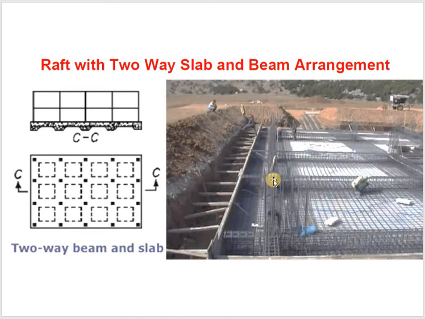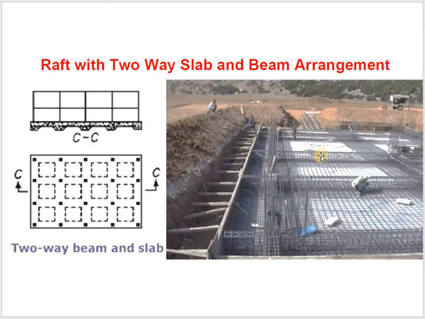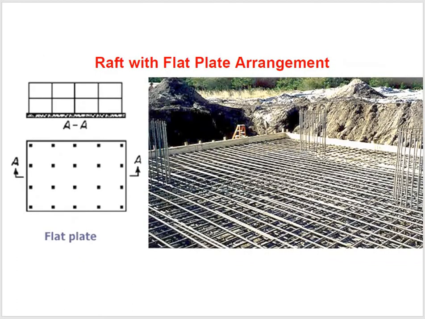You can see here the beams connecting the columns, and another case is a flat slab. You can see there is no beam between the columns. On top of that you have the pedestal, and this is a ribbed beam along with the slab. So the two cases.